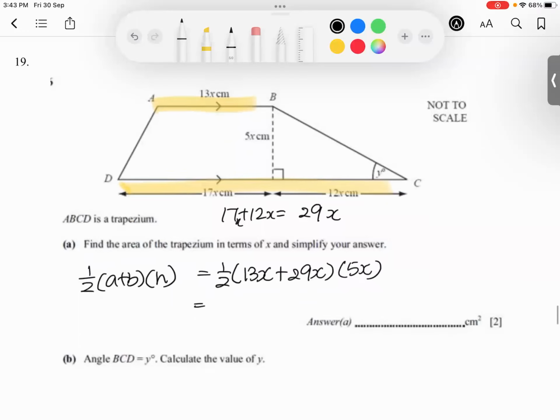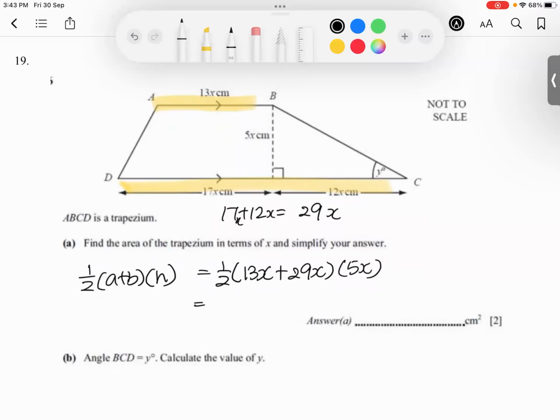Okay, add this together, 13 plus 29 is 42x. Half times 42 times 5, 105, x times x, x squared. So the area of the trapezium in terms of x is 105 x squared.